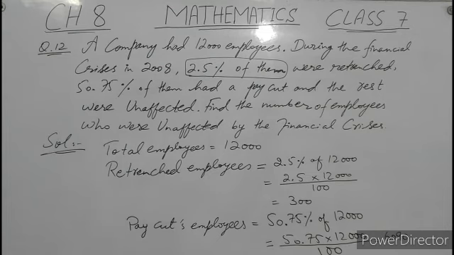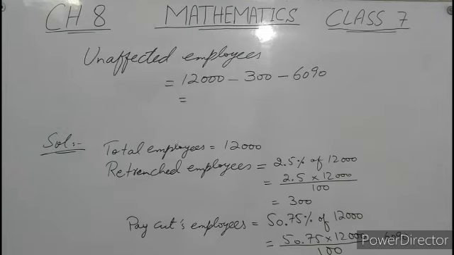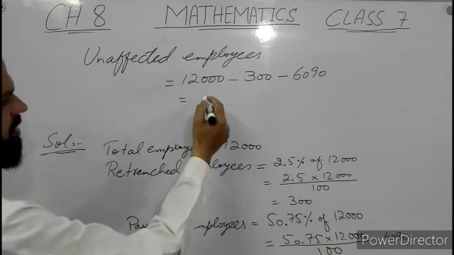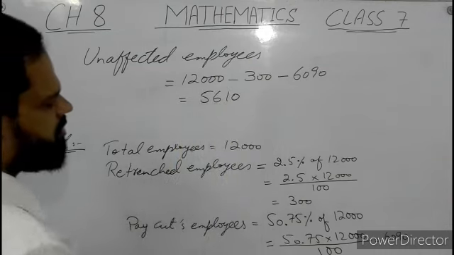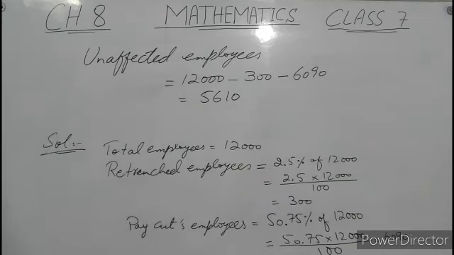And also we have to find the number of employees who were unaffected by the financial crisis. Total employees minus retrenched employees, which is 300, minus pay cuts employees, which is 6,090. We will get the rest of the employees which are unaffected.